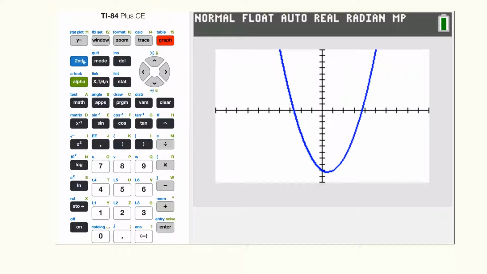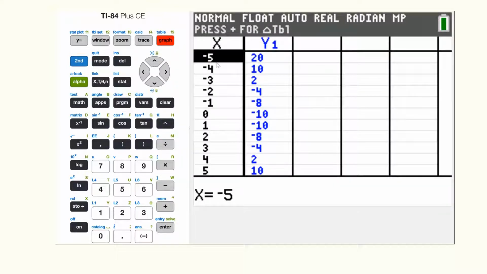Another way that we can determine this, other than visually looking at the graph, is to go in here to the table. If I hit second graph, it takes me to a table. What I'm looking for is where y1 shows a sign change.